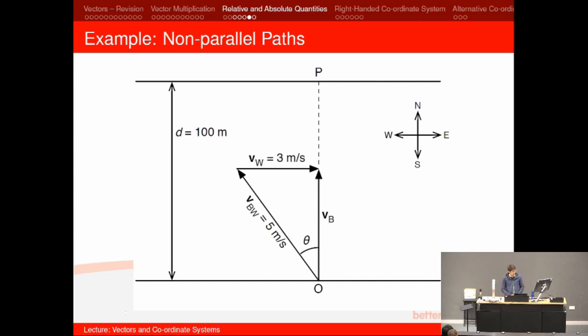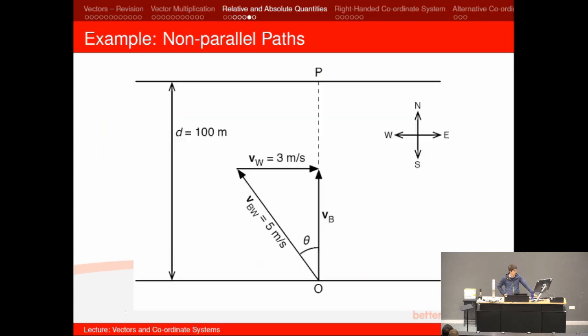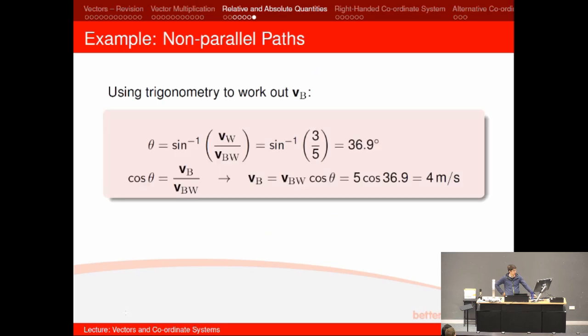Now we need to consider what is the vector VB, which is the velocity of B relative to O, the origin. And to do that, we need to work out VB. Now this is using the trigonometry way. If you look at that triangle there, you've got the 3 meters per second, which is the adjacent side of the triangle, and you've got V subscript BW, which is the diagonal part. You can use the inverse of sin to get the angle.